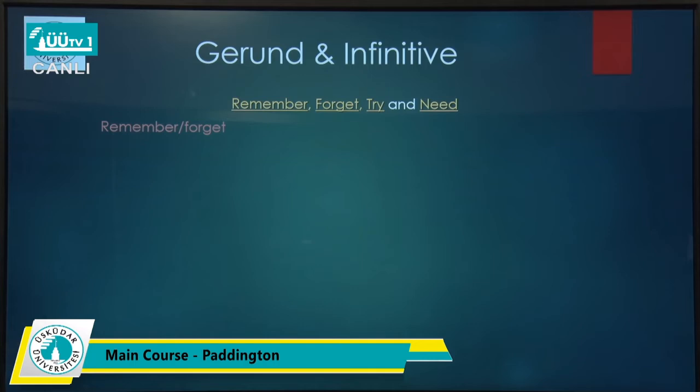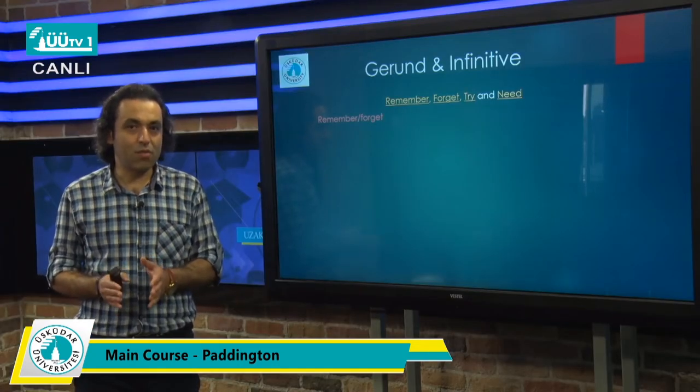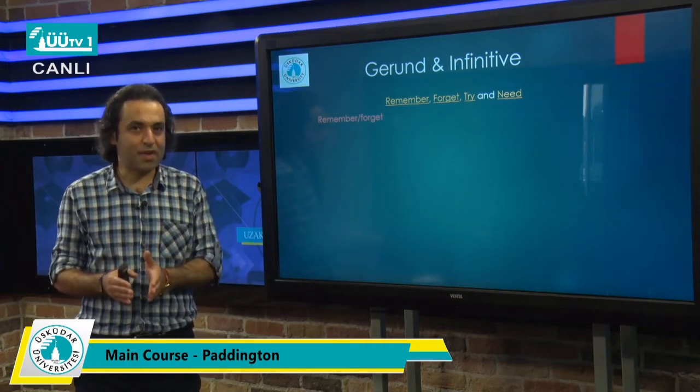For remember and forget, the rule is exactly the same. I just want to explain in brief and then we go to the examples. If one action happened first and now you remember or you forget it, the verb gets ing. I repeat, if one action happened first and then you remember or forget it, the verb after that gets ing.